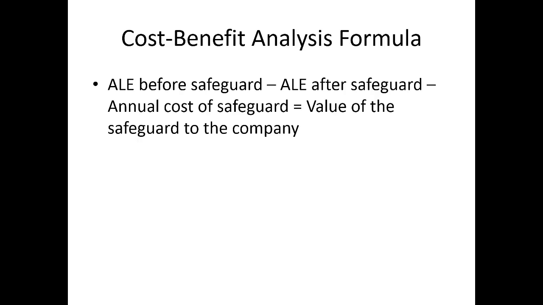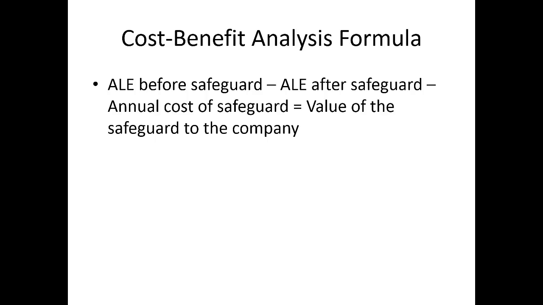So now we have, for example, these numeric values such as annualized loss expectancy, and we also calculated the cost of countermeasures. We can actually do this cost-benefit analysis, and here I'm going to introduce a formula you can use to do this cost-benefit analysis.